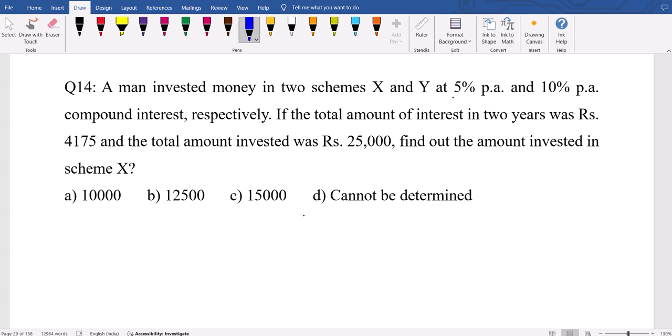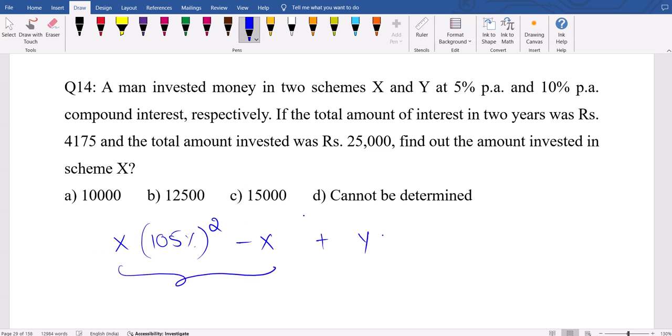Okay. So first one, X is the amount, right? So here 105% whole square into X minus X will give compound interest due to the first scheme.